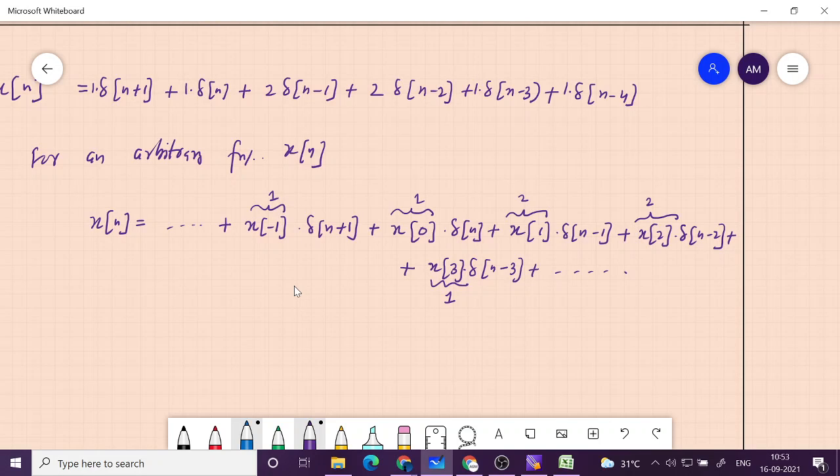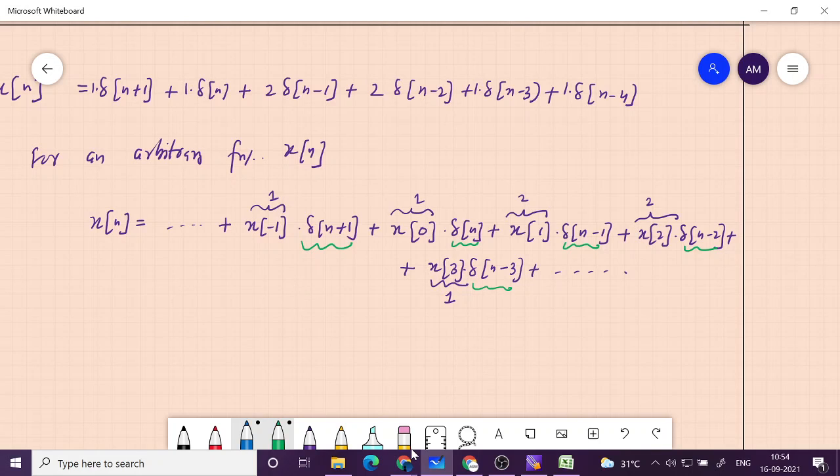For an arbitrary function this need not be 1 always, it could be some other value. If it is some other value, then we need to take that value. But the point is that I can add these functions. So these are functions, and the other is just a coefficient, just a number. That is what you should notice.